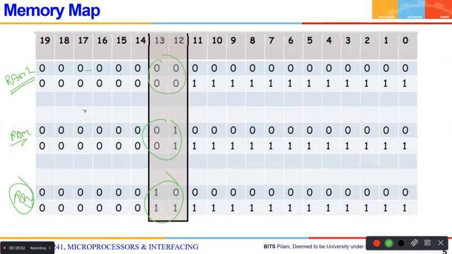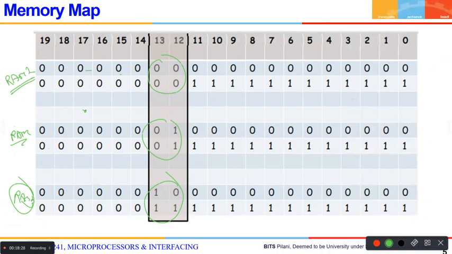So use a NAND or AND gate, a combination of this, to get the output from the decoder logic. So we can use A12, A13, and maybe something like a 0, because your decoder logic has 3 inputs, right? One of the inputs you can just ground it, doesn't matter.